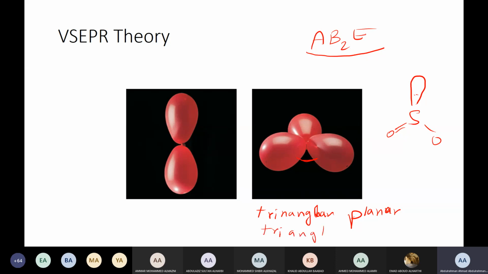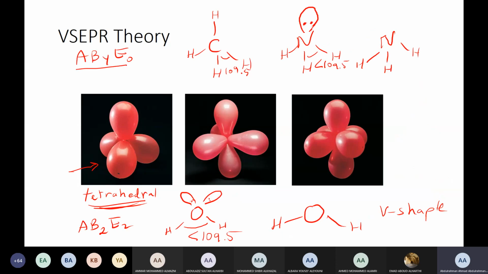But again, this is the shape of the electron domain. What's the shape of this molecule? V shape. Yes. What's the angle? Less than 120. That's important. This one is less than 120. The water is V shape, but the angle here is less than 109.5. Is this clear?